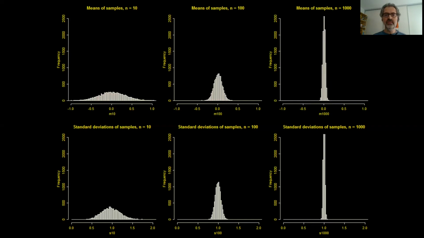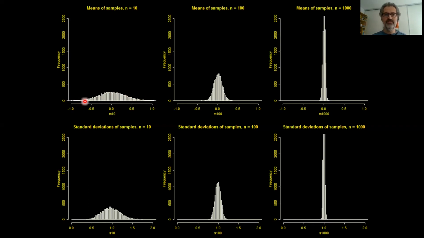What we're interested in here now is the shape of these distributions. So what is the shape of the envelope of these histograms? Well, as these are just sets of numbers, we can calculate their means and standard deviations.